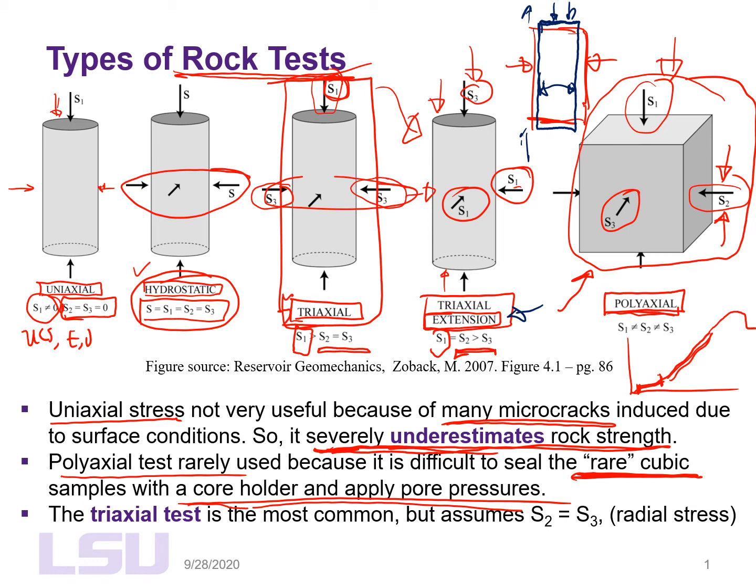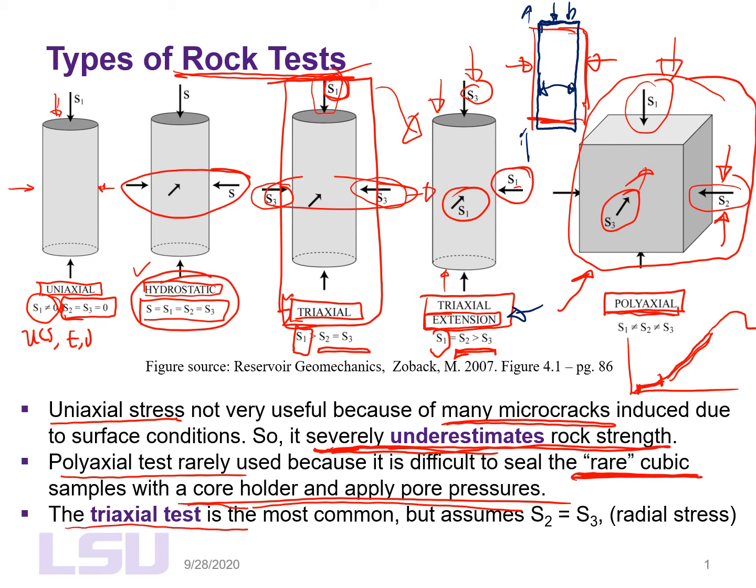Your coring device is cylindrical, so you will have to get a cylindrical core from the subsurface, then cut it to this shape, and it's going to be much smaller. And the process of cutting can actually create fractures in the rock that weren't there at reservoir conditions.